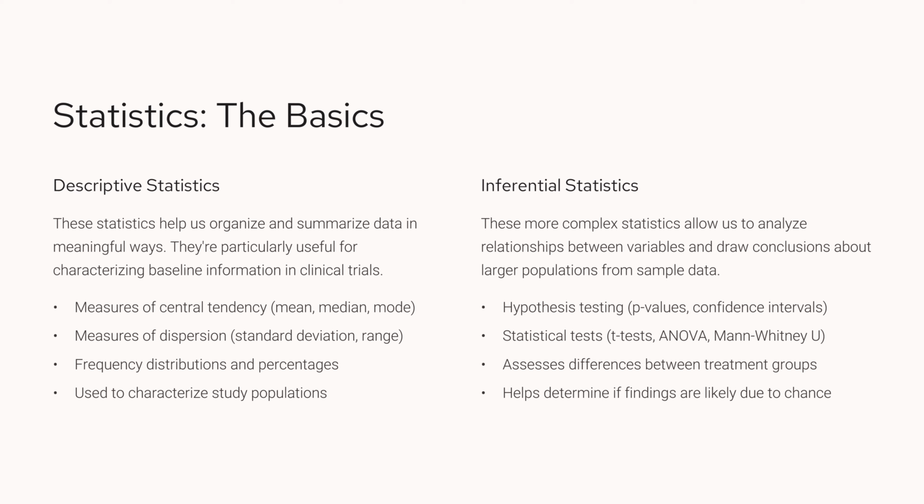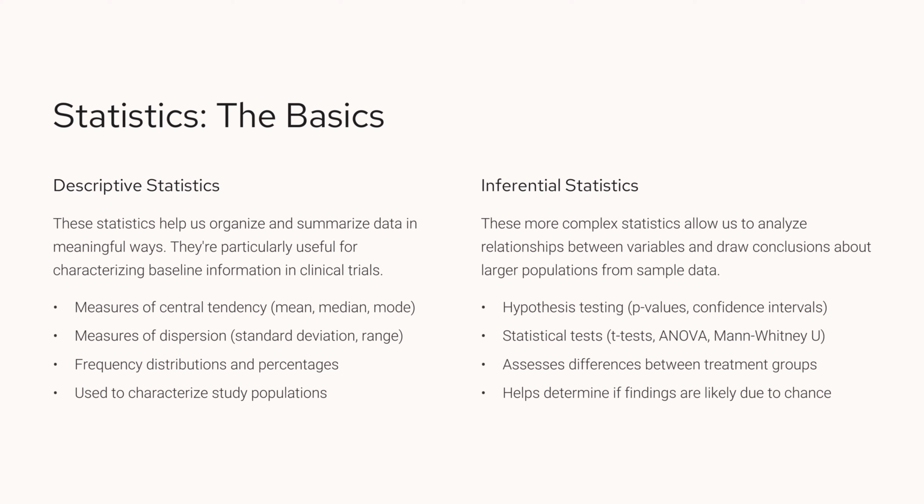Inferential statistics, on the other hand, are those that are analyzing the thing you want to report on, the exposure and the outcome specifically. Okay, so hypothesis testing, we talked about p-values and confidence intervals. Now we're going to talk more about statistical tests that derive those p-values, like t-test, ANOVA, chi-square, and Mann-Whitney U, whatever else you want to talk about. Fisher's exact test.